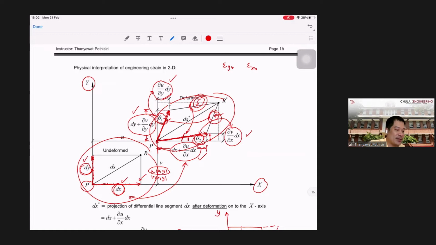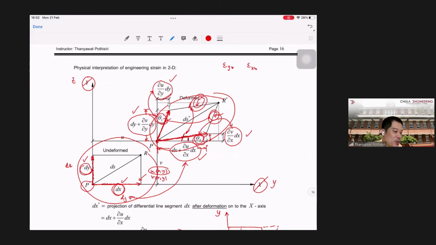You can simply change this to the YZ plane. So if you look at the YZ plane and you change this component to dy and dz, then you can use similar derivative terms to describe what's going on in the YZ plane, just like for the XY plane.